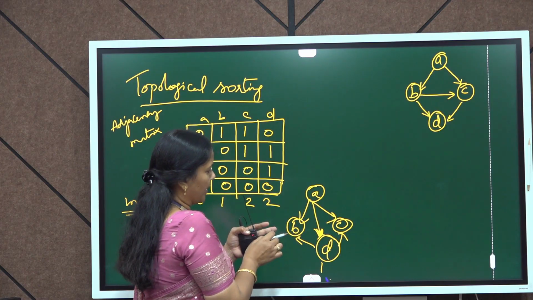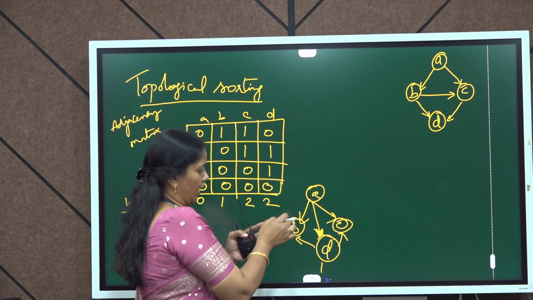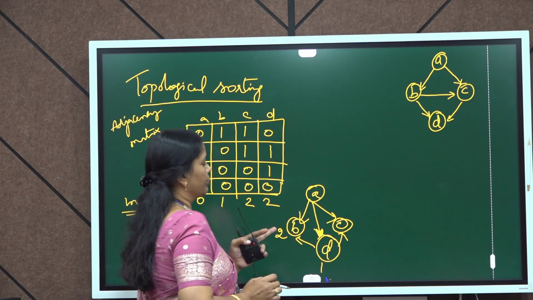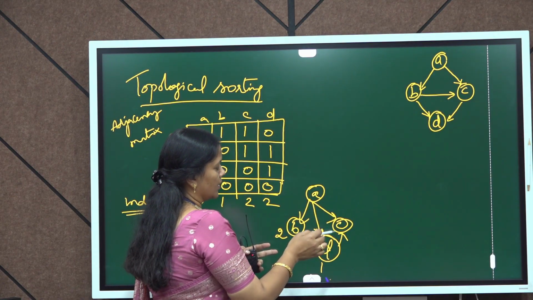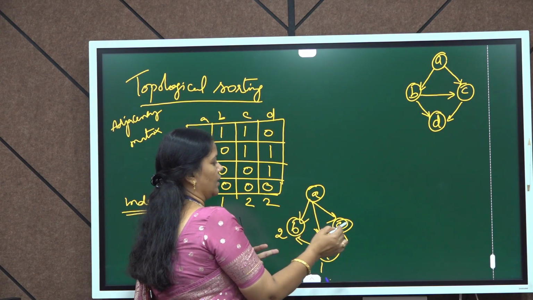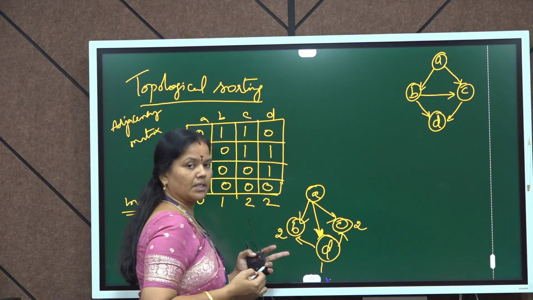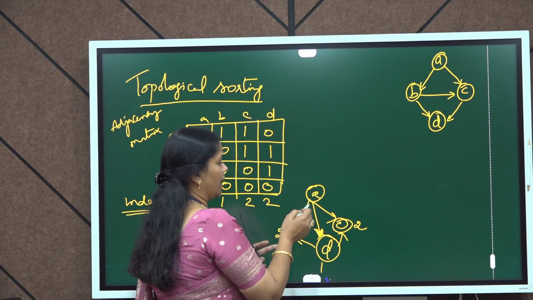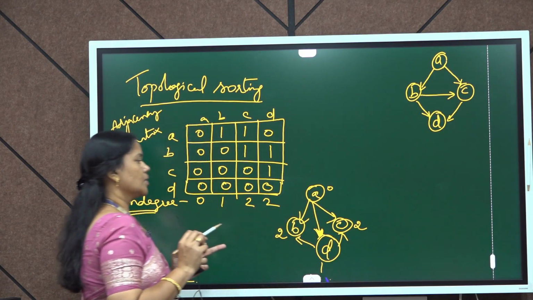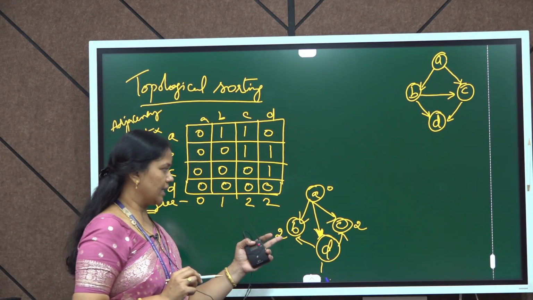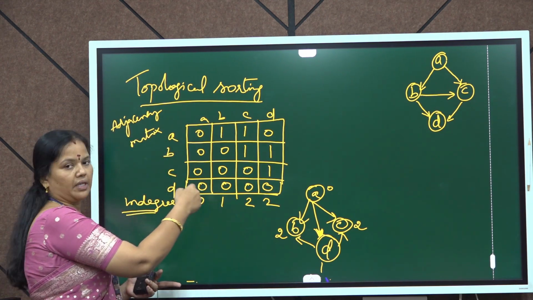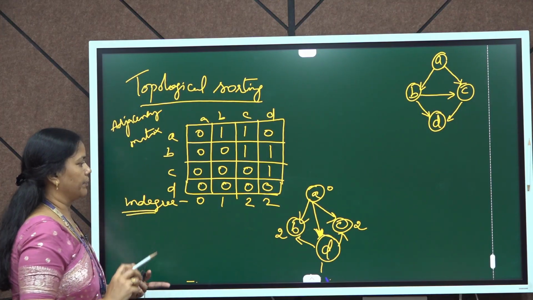B is receiving edges from A as well as from D, so the in degree of B is 2. Similarly, C is receiving edges from D as well as from A, so the in degree of C is 2, whereas A does not receive any edges from any other vertex, so the in degree is 0. In this way we can calculate the in degree from the graph, or by constructing an adjacency matrix.